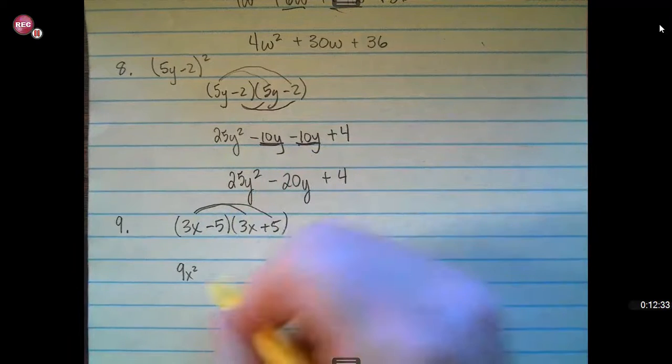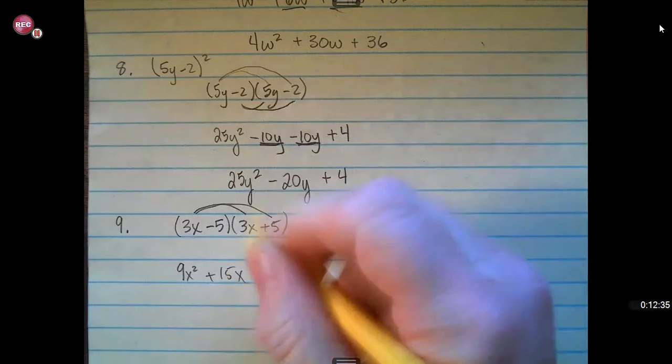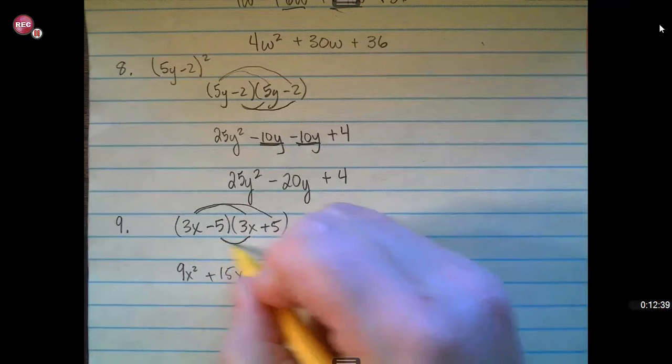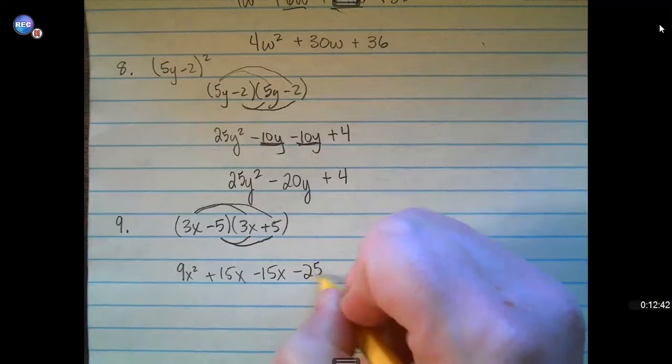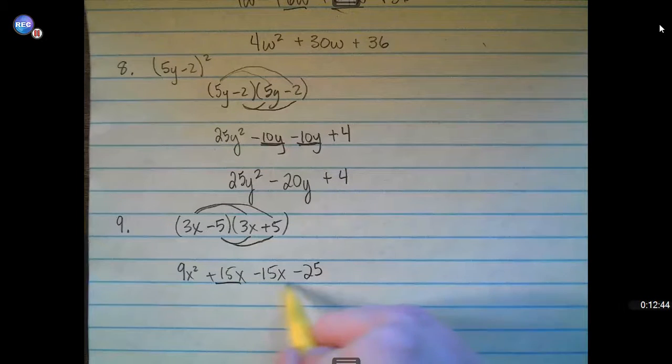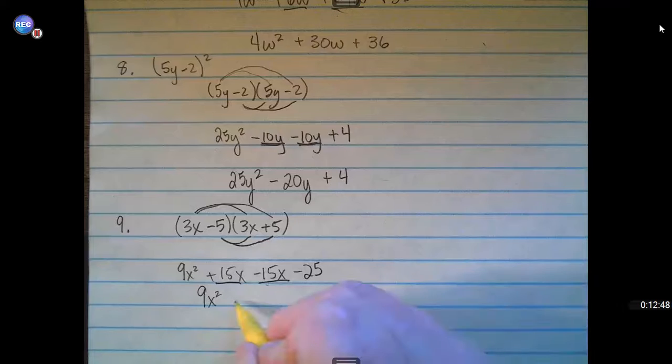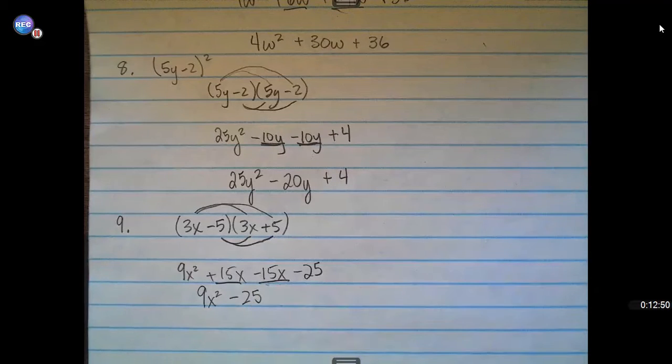And then I get plus 15x. And then from this one, I get minus 15x. And then I get minus 25. So when I combine like terms, they are gone. My answer is 9x squared minus 25. And that is what we get.